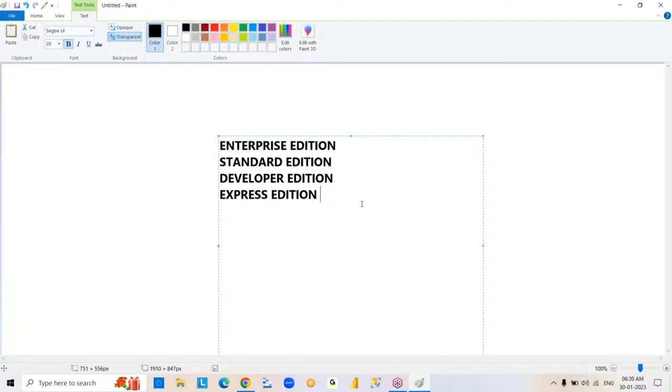Okay. Real-time purpose, we use enterprise edition, standard edition, or developer edition, but not Express edition. Remember, please.